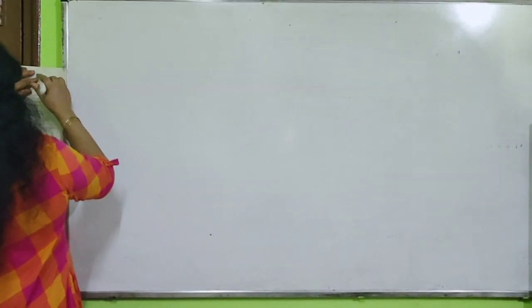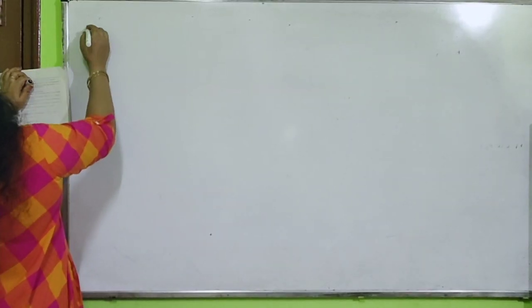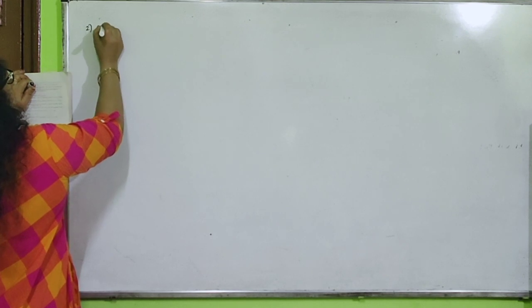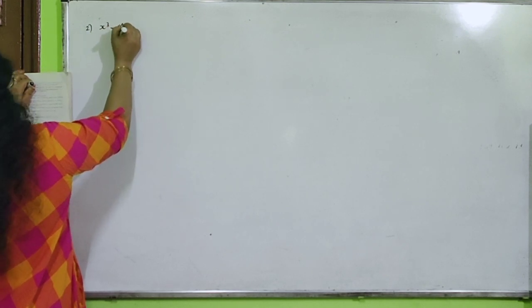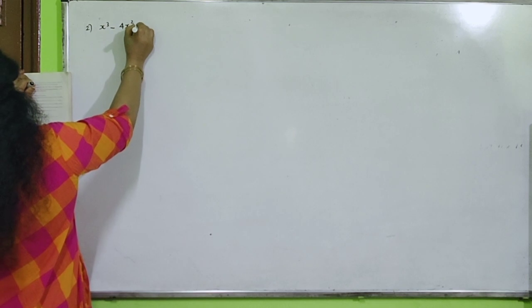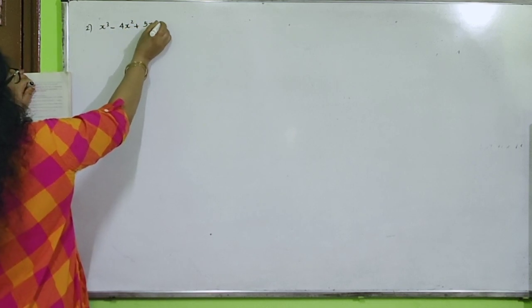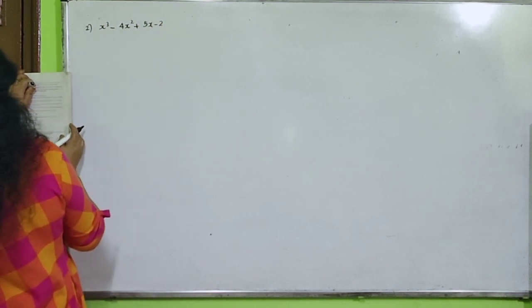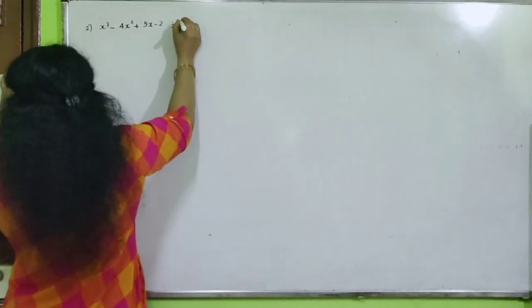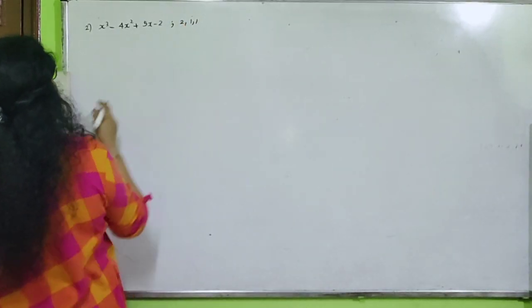Here p of x polynomial is given: x cube minus 4x square plus 5x minus 2. And the values of the zeros are given as 2, 1, 1.